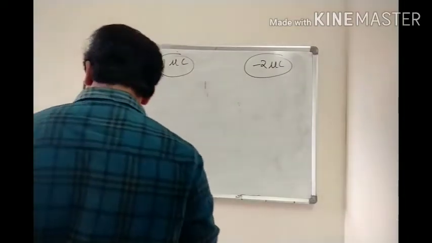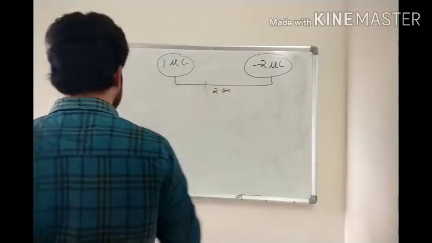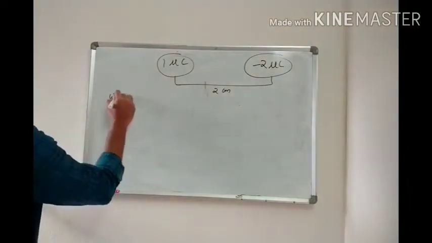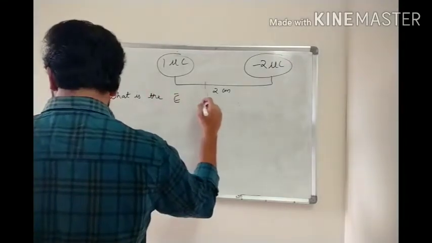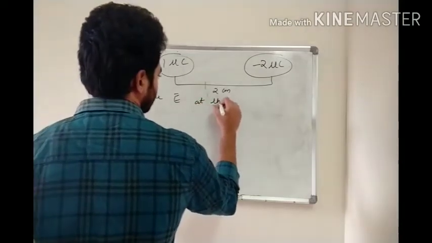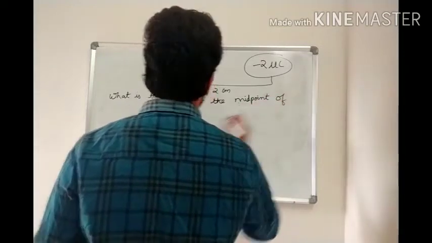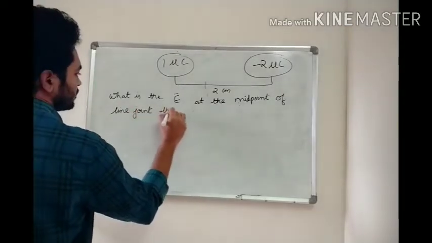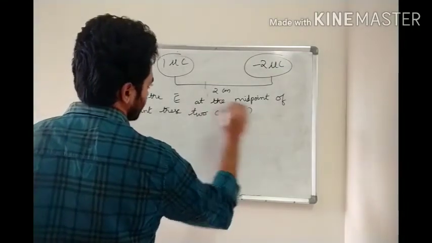Suppose I have two charges, 1 microcoulomb and 2 microcoulomb, and the distance is 2 centimeter, and the question is, what is the electric field at the midpoint of the line joining these two charges? So this is your question.